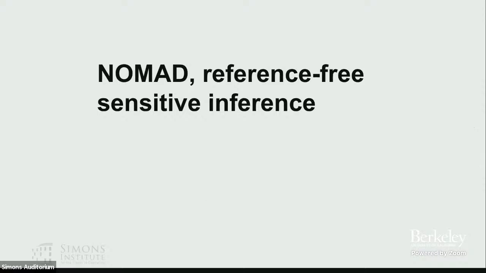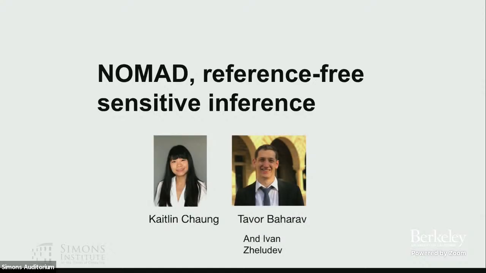Okay, so I'm now going to tell you about NOMAD, which is a reference-free and sensitive approach to direct statistical inference on k-mers. This is the work of two tremendously talented people. It's really an incredible team effort: Caitlin Chang and Tavor Baharav.